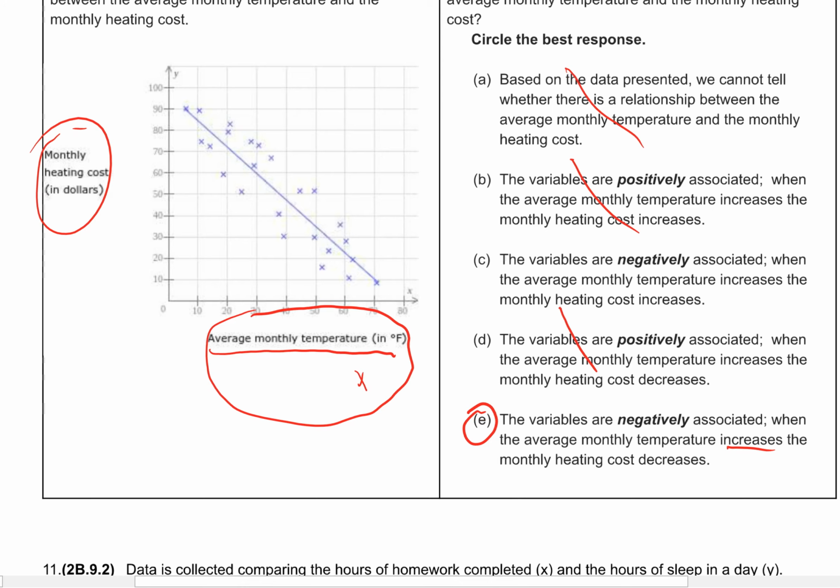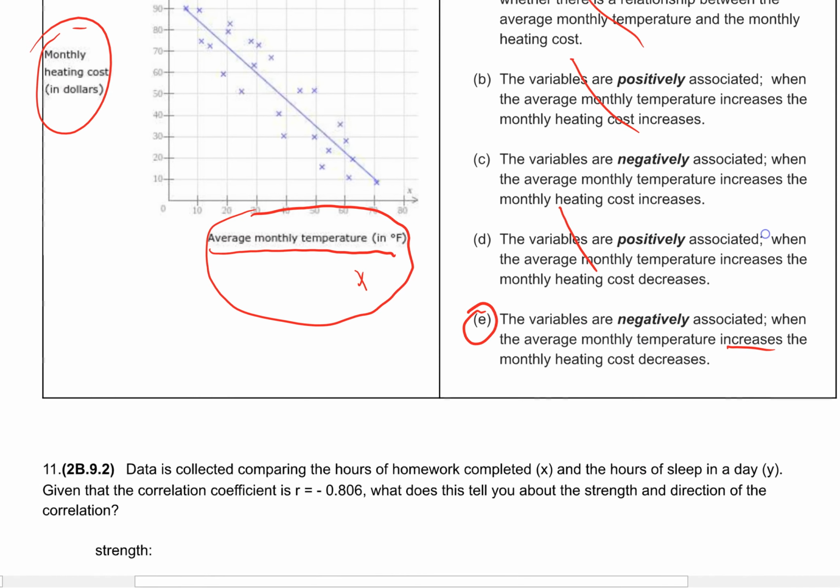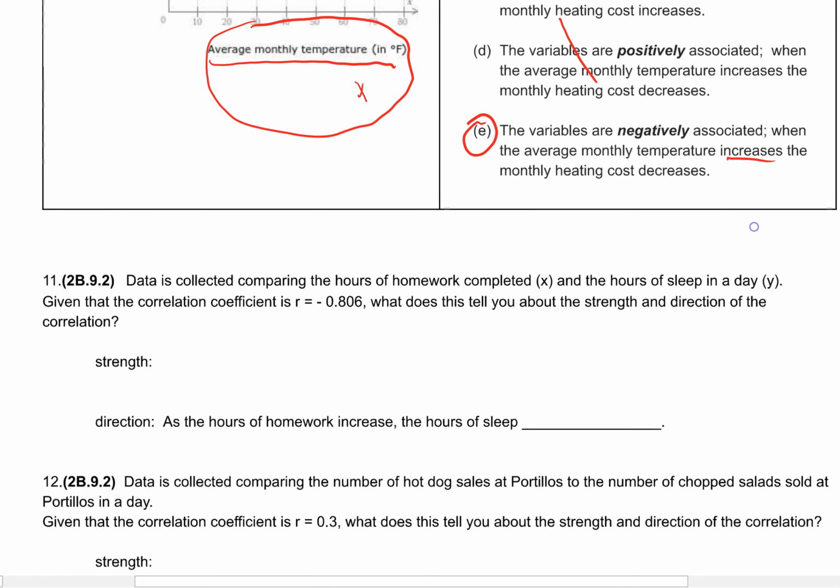Obviously, as we saw in earlier videos, if we had a slope, we'd interpret this sentence much the same way, just saying that average monthly temperature increases by something and the monthly heating cost decreases by something. We use slope to help us.